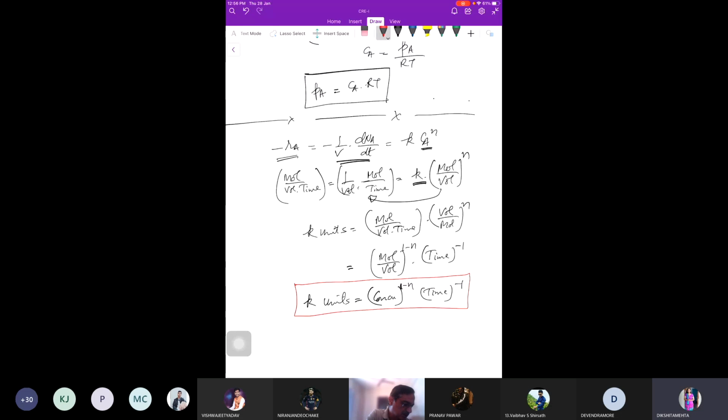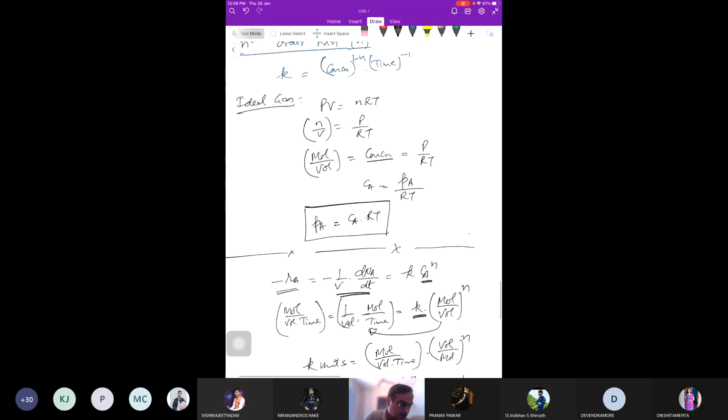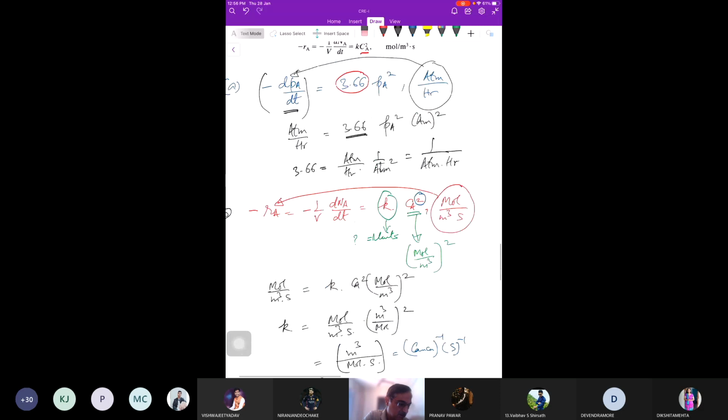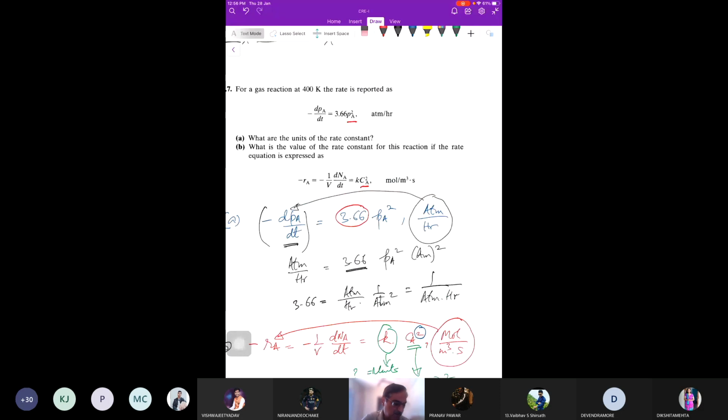So this is general equation for any rate constant, any order, 0 order, first order, second order, third order, जो भी रहेगा, you can use this. So now what we have to do is we have to convert this equation minus dPA by dt is equal to 3.66 PA square in terms of concentration.